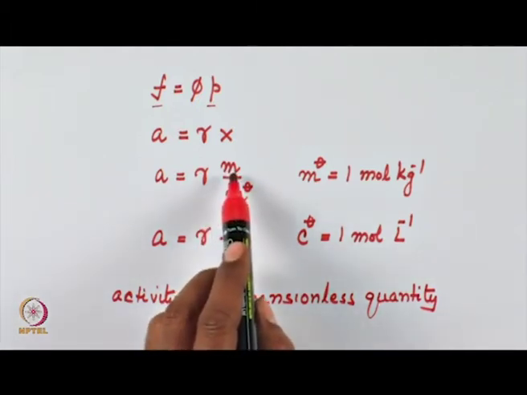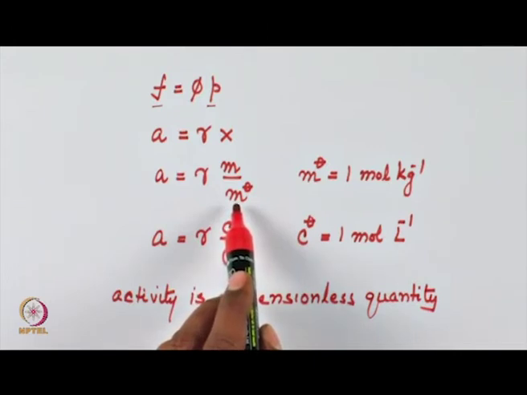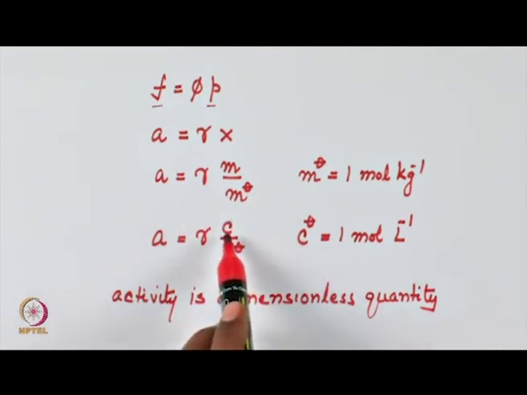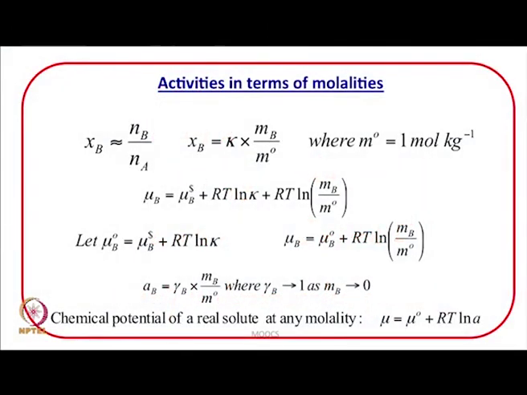Even though molality has a unit, m naught is introduced to make it dimensionless. Similarly, even though C has a unit, C naught is introduced to make it dimensionless. So in general, the chemical potential of a real solute can be written as mu equal to mu naught plus RT log a, where a is the activity of the solute. How we convert this activity to molality or concentration is a different matter.